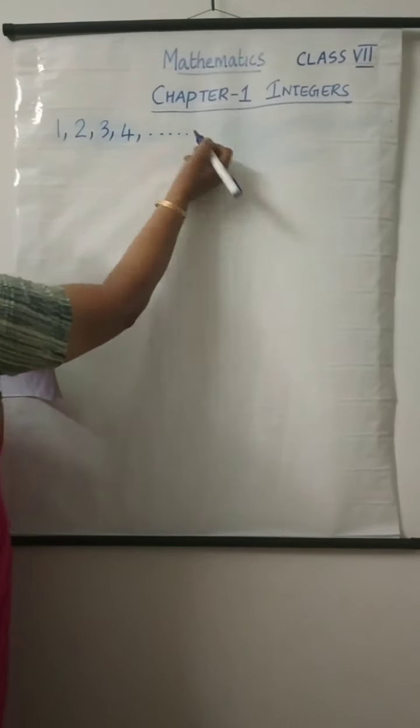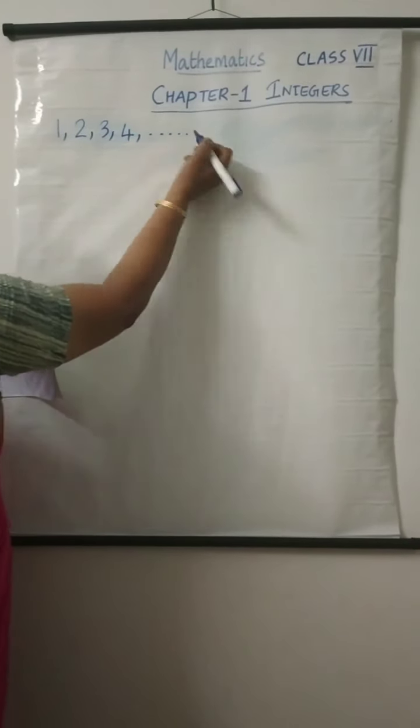When 0 is included with the counting numbers, it is known as whole numbers.